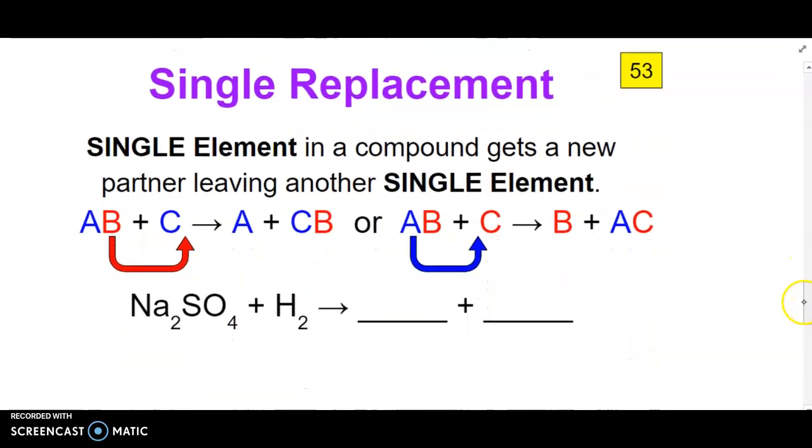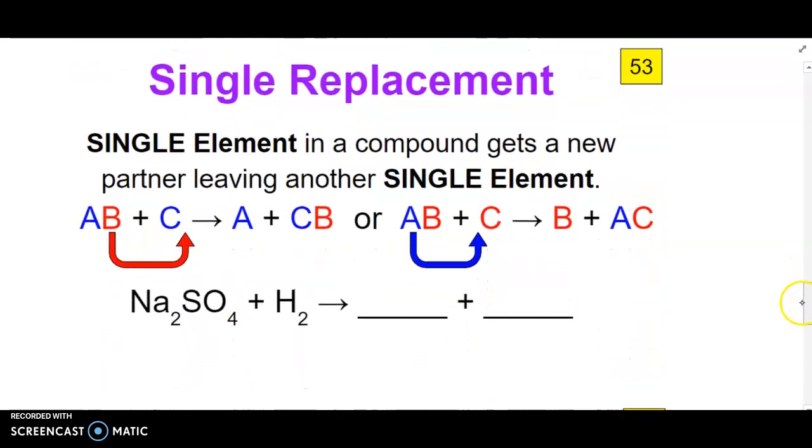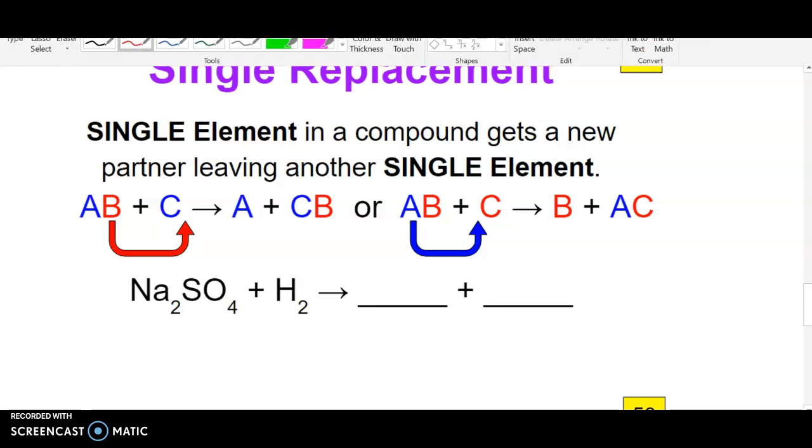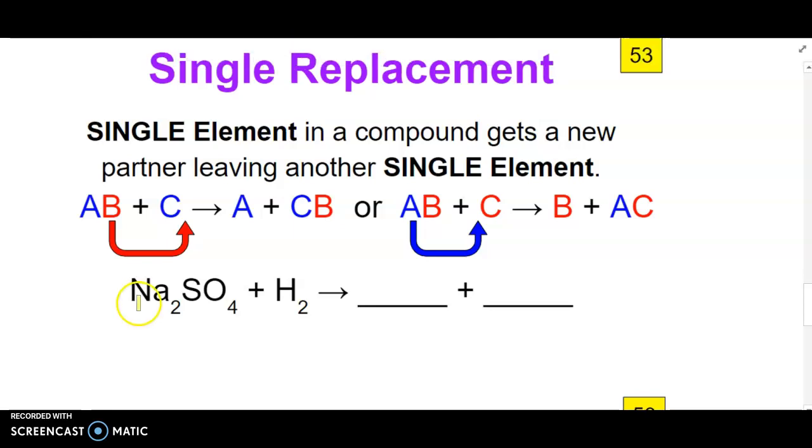Next, we have single replacement. In single replacement, remember that a single element in a compound gets a new partner and leaves another single element. So I'm going to start by, again, just labeling what A and B and C are in this so that I can create new compounds and figure out what's going to end up by itself. When I look at my examples, I've got a compound plus a single element, and I'm going to make a new compound and a new single element.